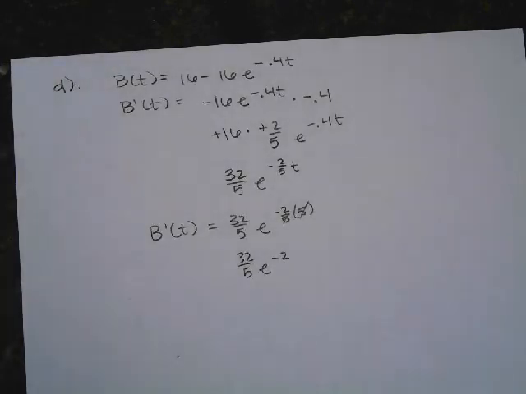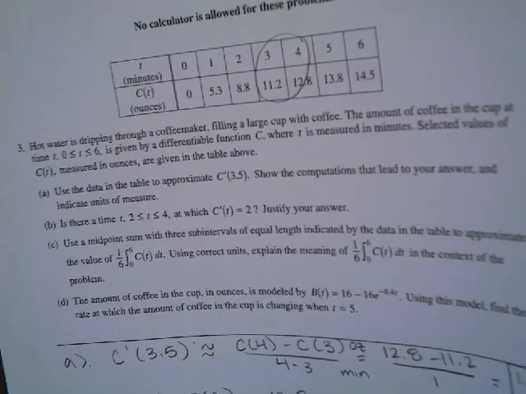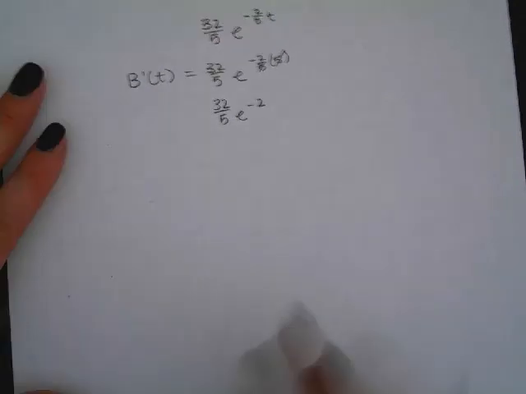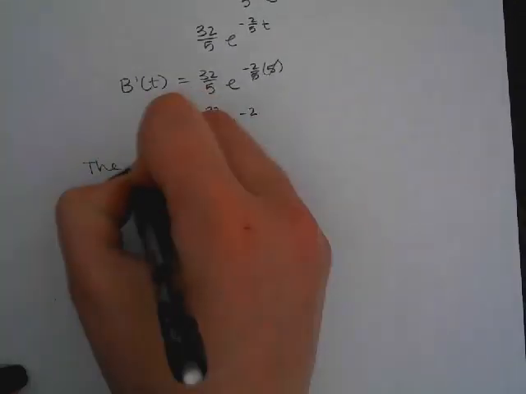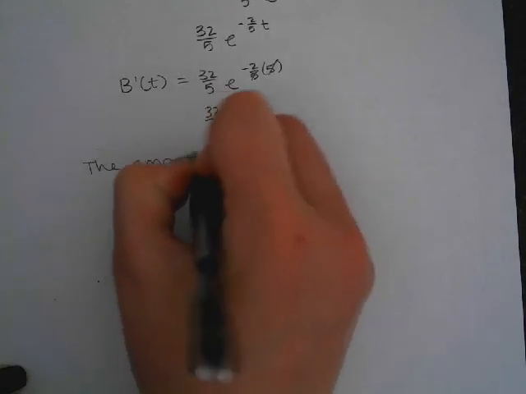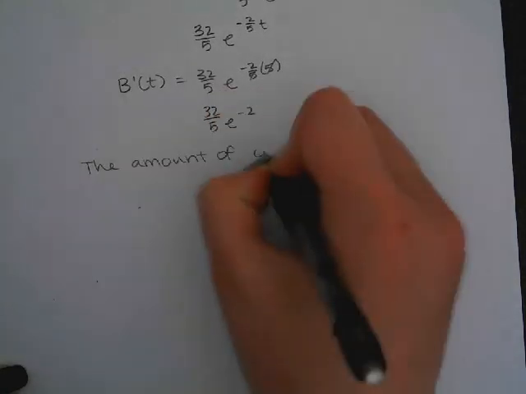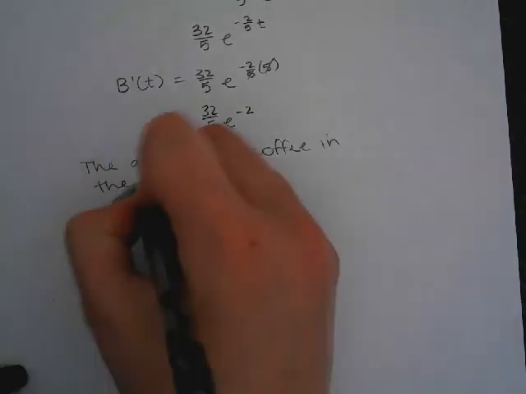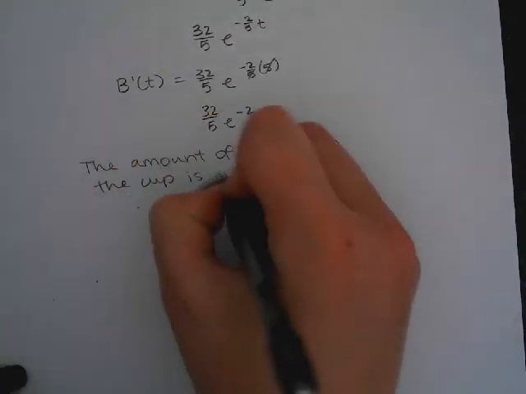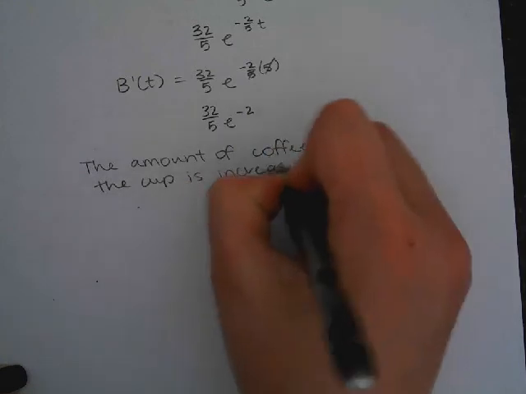They didn't say you had to write it in context, but I'll go ahead and do it anyway. So the amount of coffee in the cup is increasing because this is a positive number.